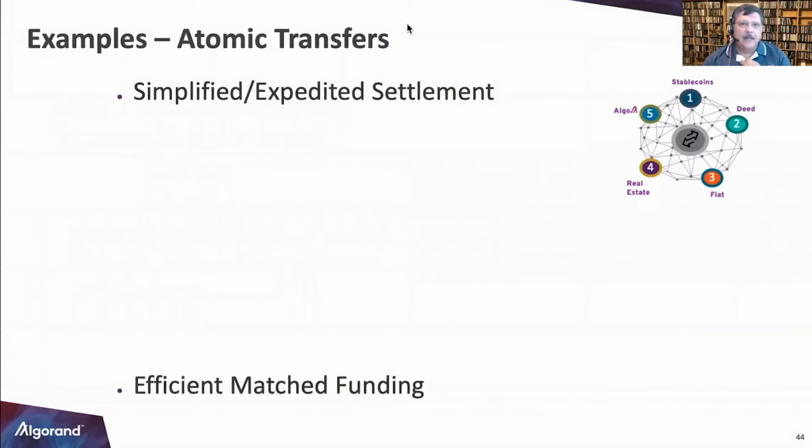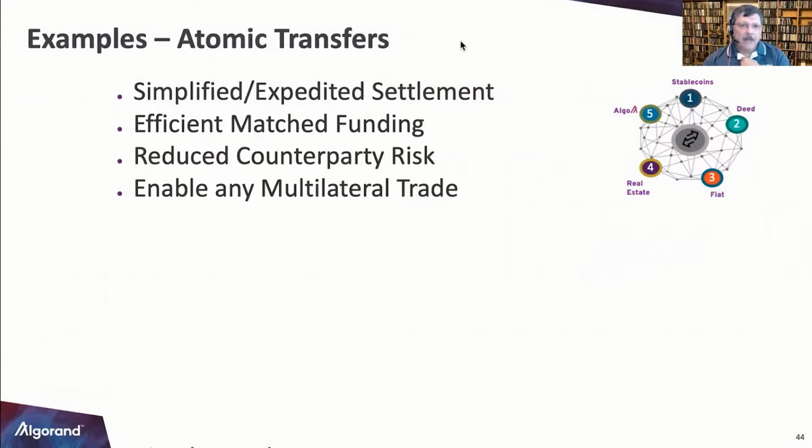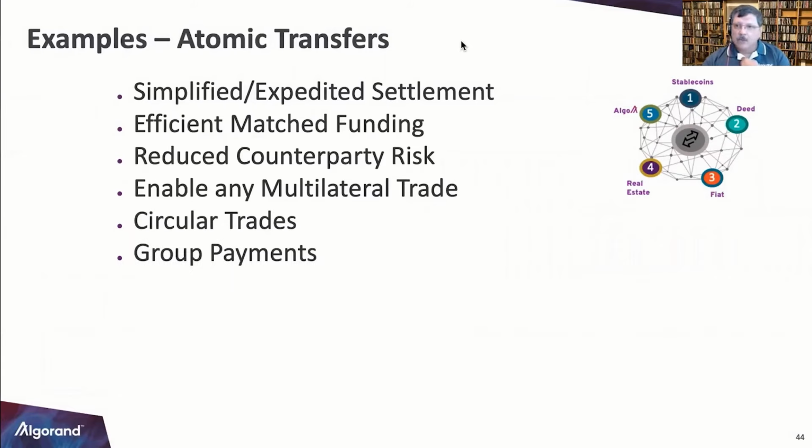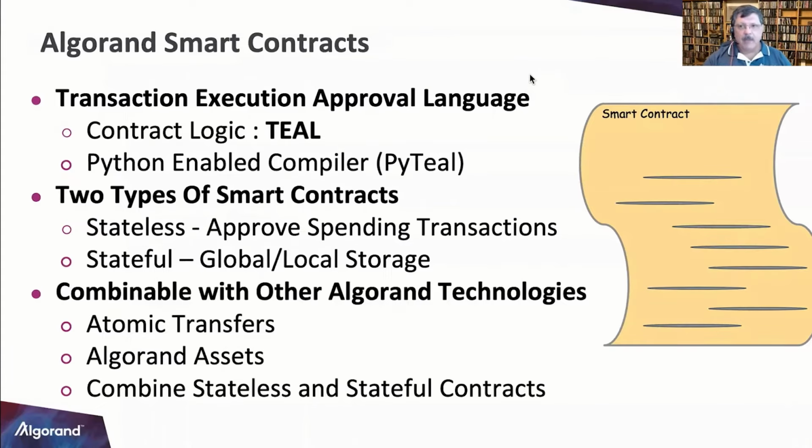Examples of atomic transfers might be things like multilateral trades, circular trades, group payments, combining with smart contracts, and also instant settlement for complex multi-party asset transactions. Distributed payments are all part of the mix there.